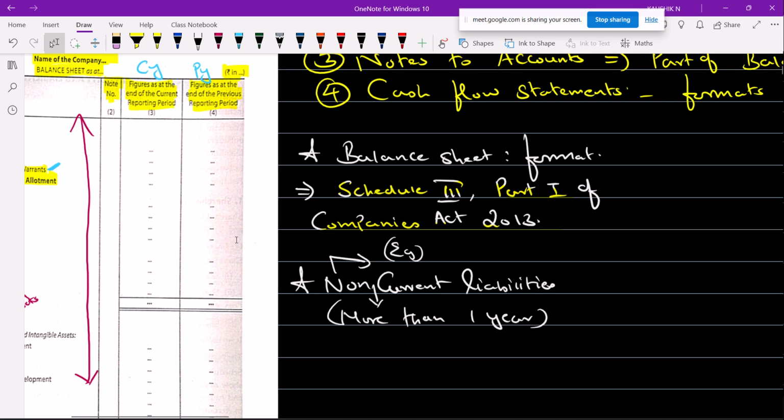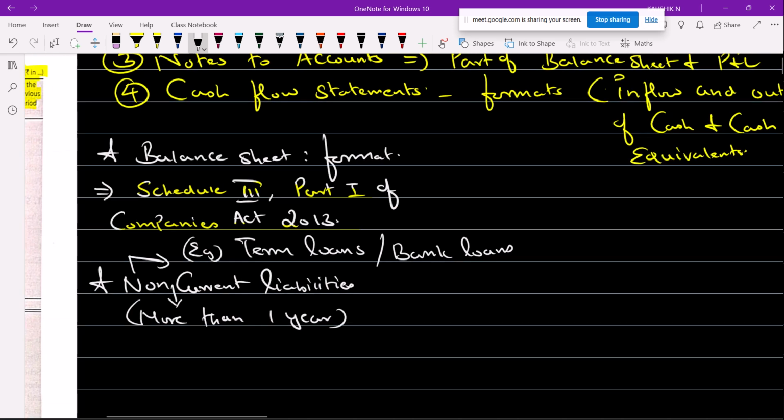What if you take a term loan from the banks? Term loans from banks, or we see it as bank loans, or long term borrowings, in other words.